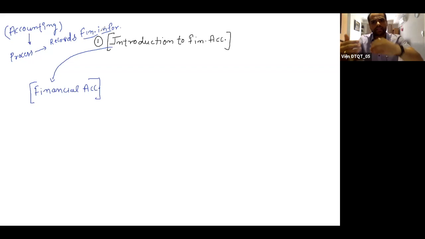Financial information means money-related information that has any kind of monetary impact. Recording those transactions or information in company accounts is called accounting, right?